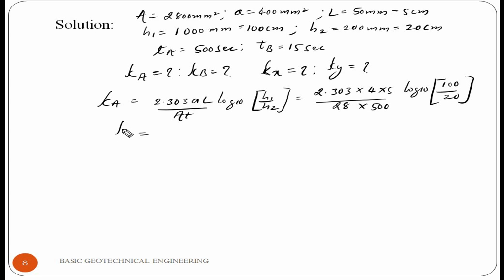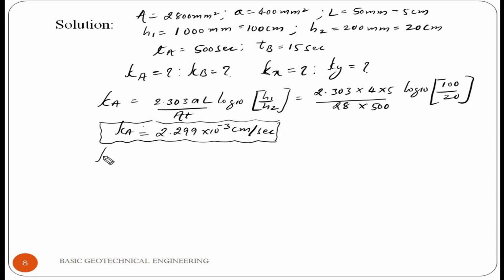So the K value will be 2.299 into 10 to the power of minus 3 centimeter per second. This is the coefficient of permeability for soil sample A.